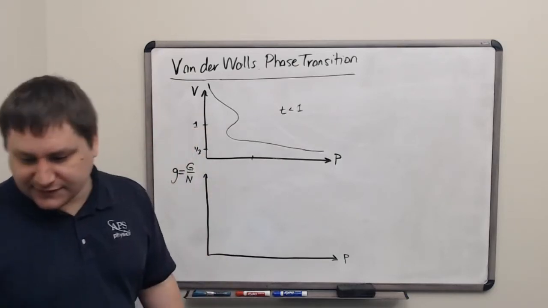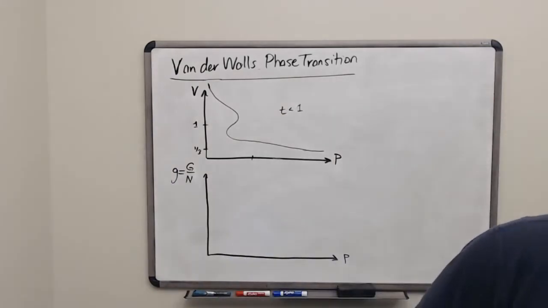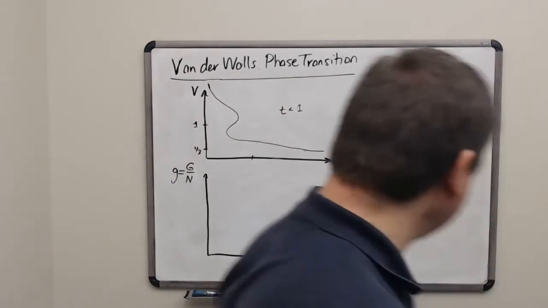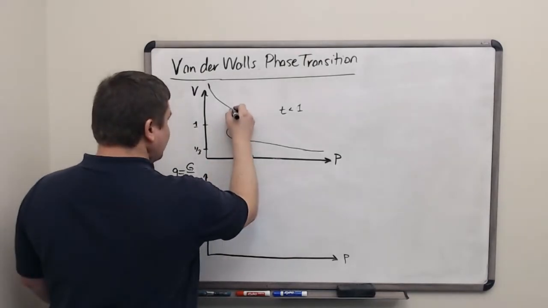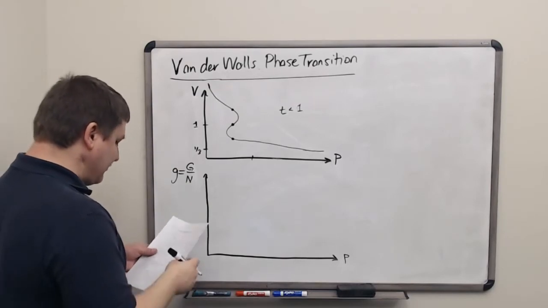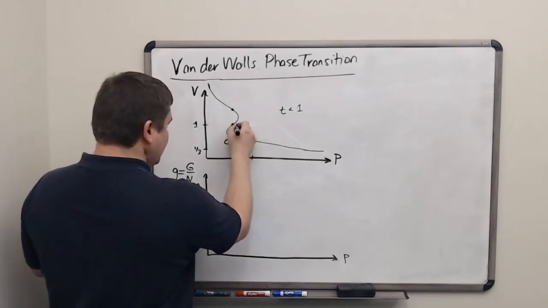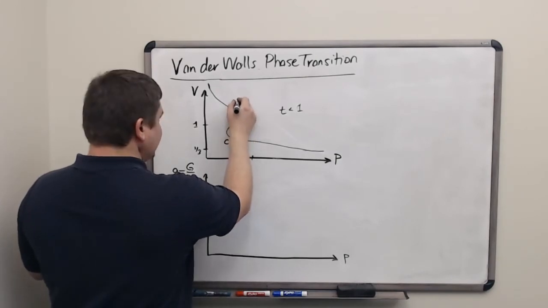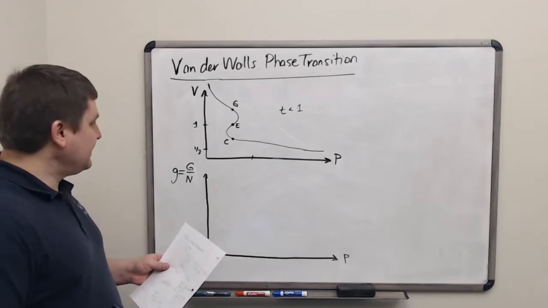Let's label several points on this curve. First, I'm going to label 3 important points. These important points will all have the same pressure, and I'm going to label them as C, E, and G. Where do these points get located?